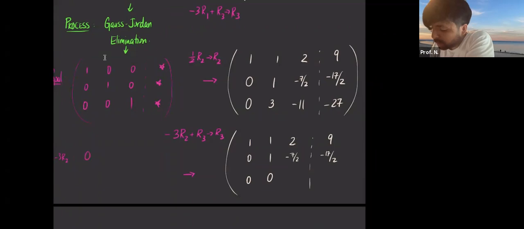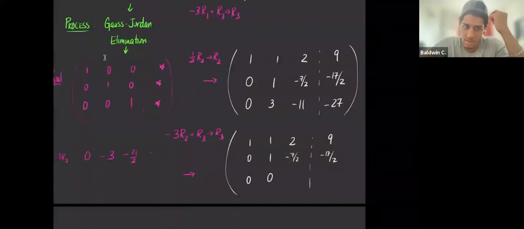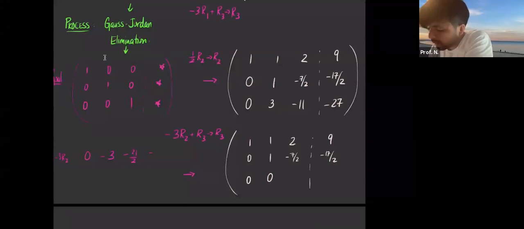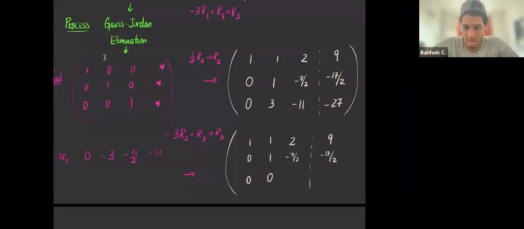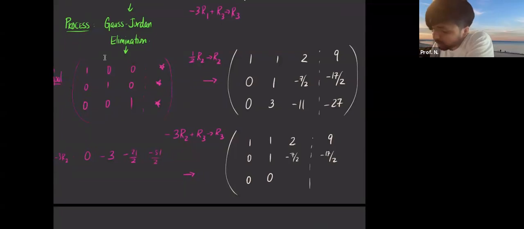This becomes 0, this becomes negative 3, this becomes negative 21 over 2, and this becomes negative 51 over 2, and this should be positive because we're multiplying by a negative number.